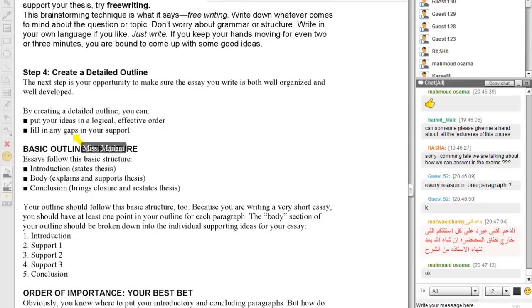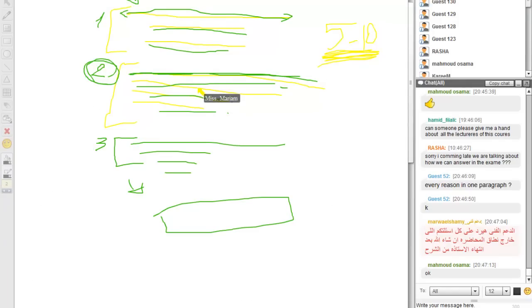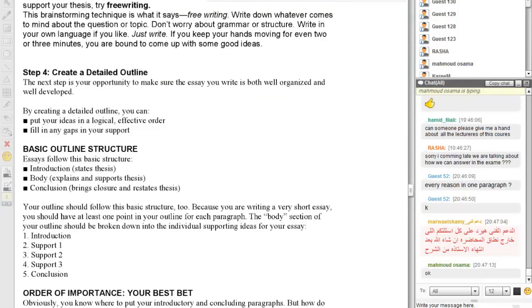If there's any gap between my ideas or my sentences or my structure or whatever, it will be very easy to fill this gap. If you feel like you are not giving the right reason, sometimes some people fail to write the correct reason. So they are going to rephrase it, or add one more detail or example or something.